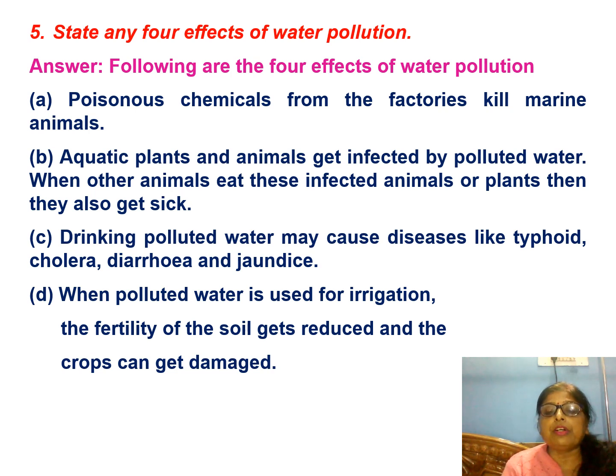Drinking polluted water may cause diseases like typhoid, cholera, diarrhea, and jaundice. When polluted water is used for irrigation, the fertility of the soil gets reduced and the crops get damaged. So these all are the effects of water pollution.